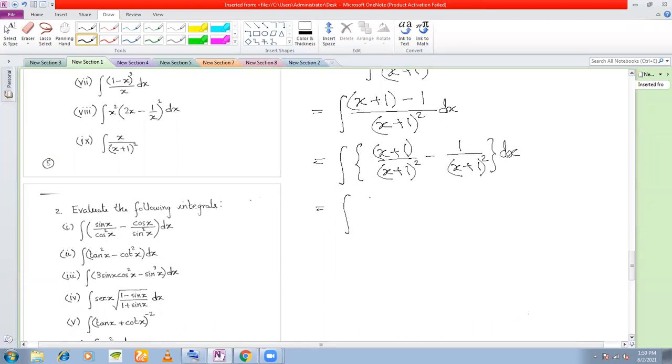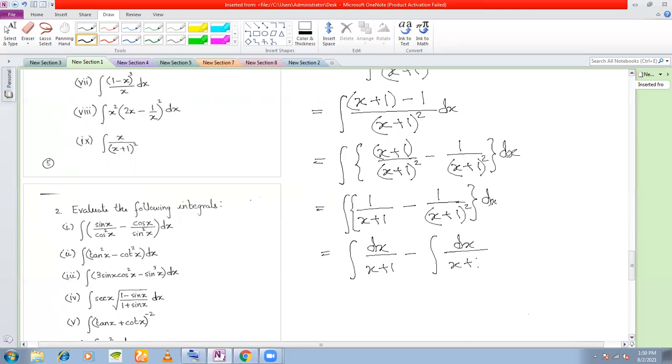Next, you can write this as 1 by x plus 1 minus 1 by x plus 1 whole square, whole thing dx. Now you separate and integrate separately. Integral dx by x plus 1 minus integral dx by x plus 1 whole square.